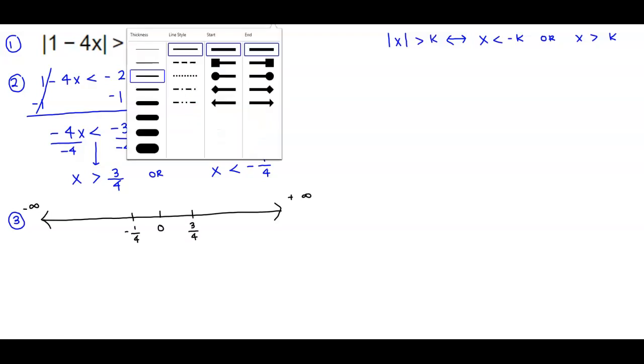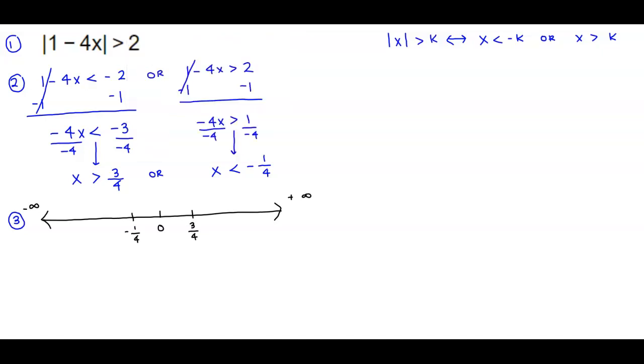And so what's happening according to our interval? We know x is greater than 3/4. So that means we have a parenthesis, and it's going towards positive infinity. And then we have x is less than negative 1/4, which means that we have a parenthesis, and it's going towards the left here. So then our solution is going to be the following.